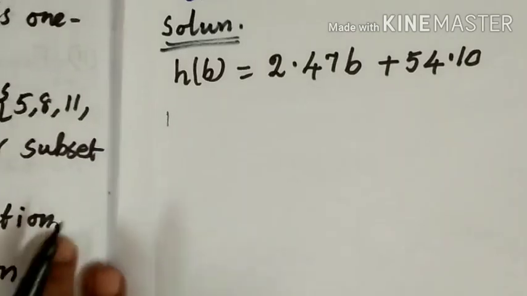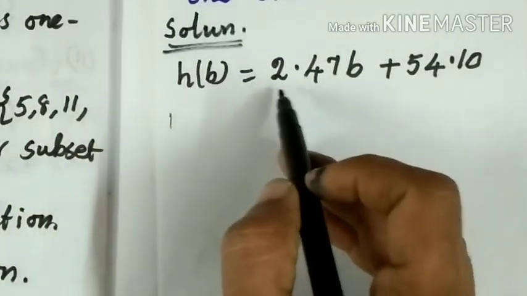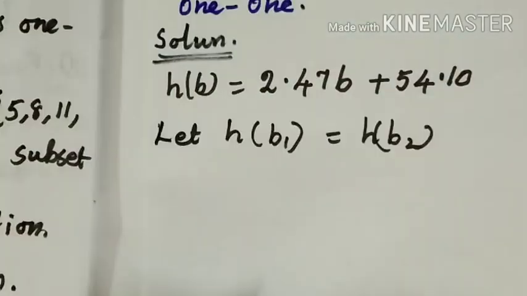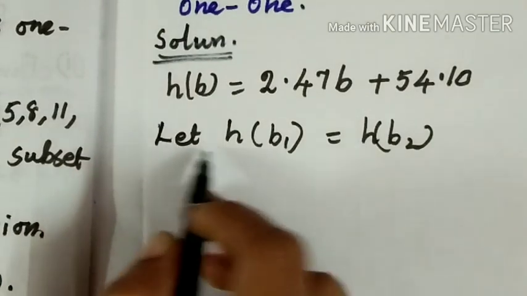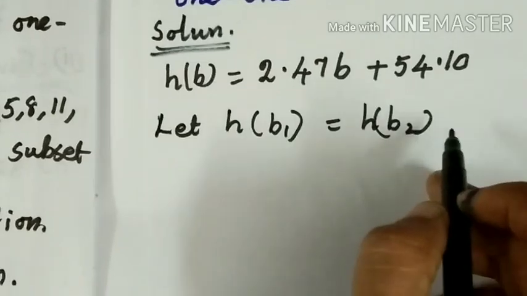In solution, write down the given function h of b equal to 2.47b plus 54.10. By the definition of 1-1 function, let us assume h of b1 equal to h of b2.